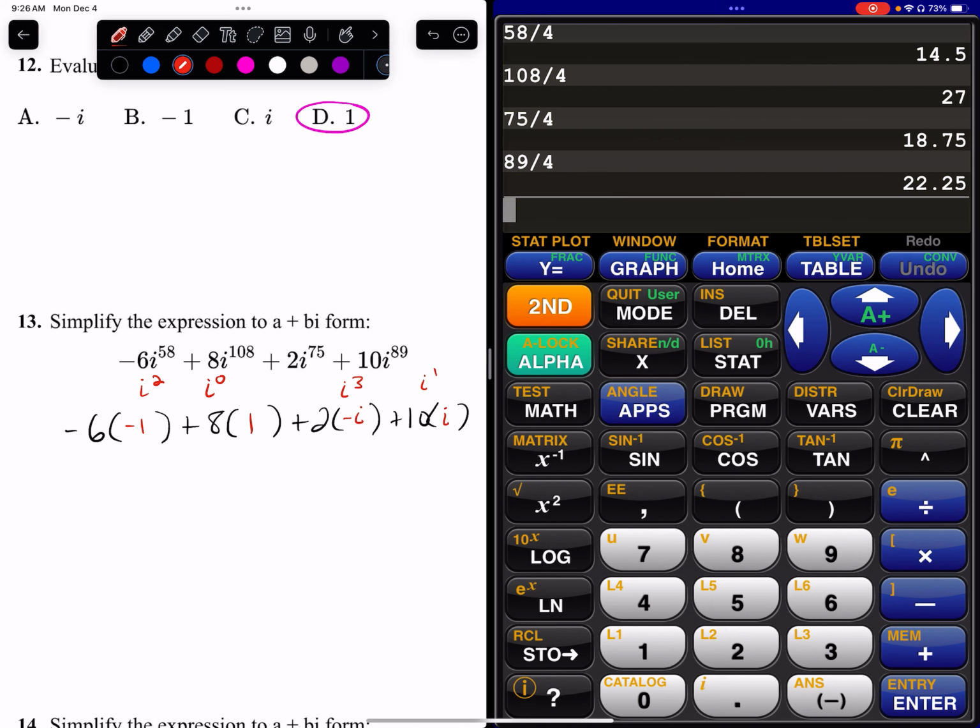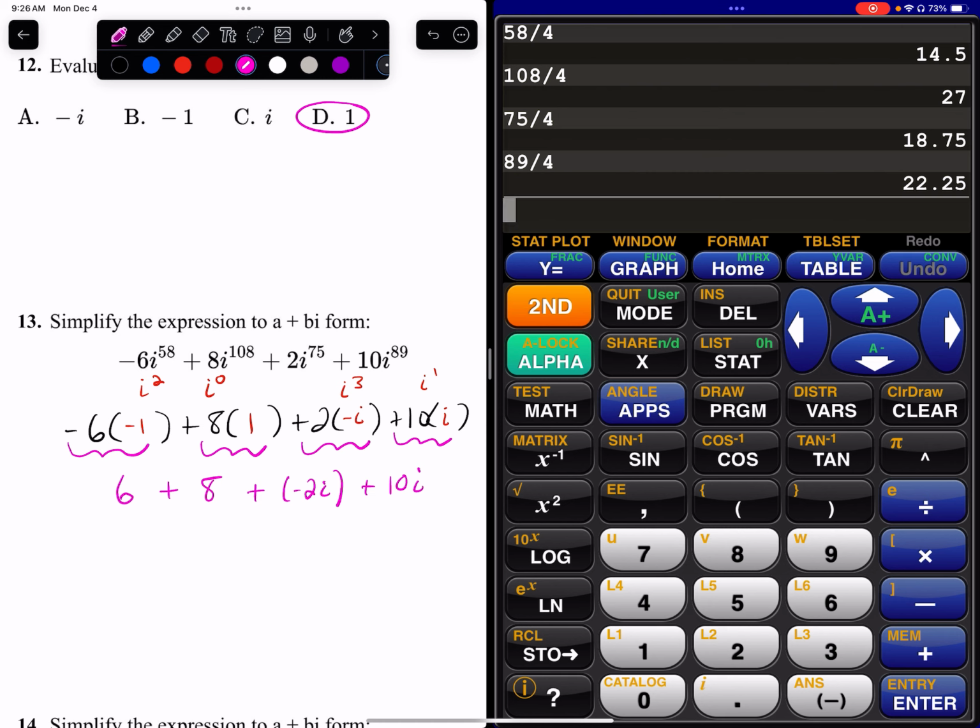Okay? So that's step 1, right? Again, breaking these down step by step makes this much, much easier. So first, -6 times -1 is +6, plus 8 times 1 is 8, plus 2 times -i is -2i, and then the last one is 10 times i, which is plus 10i.